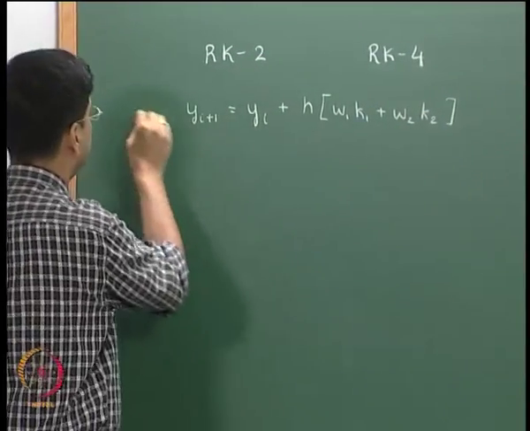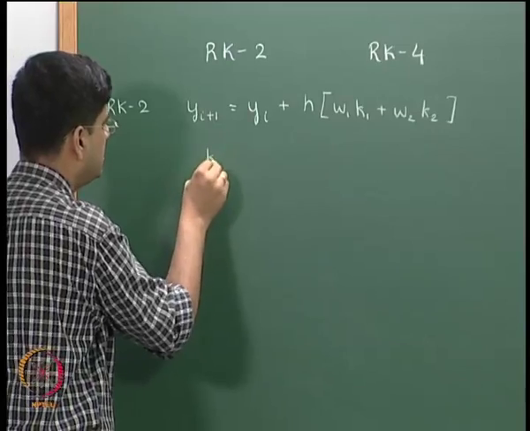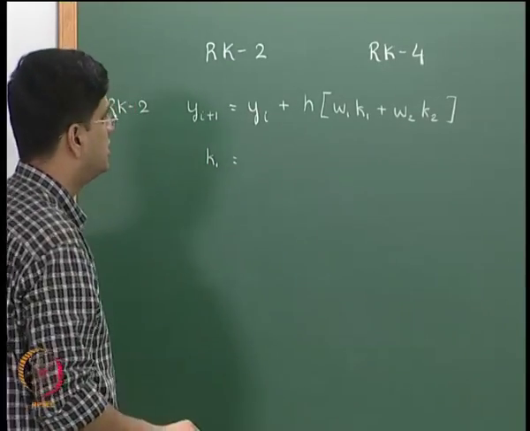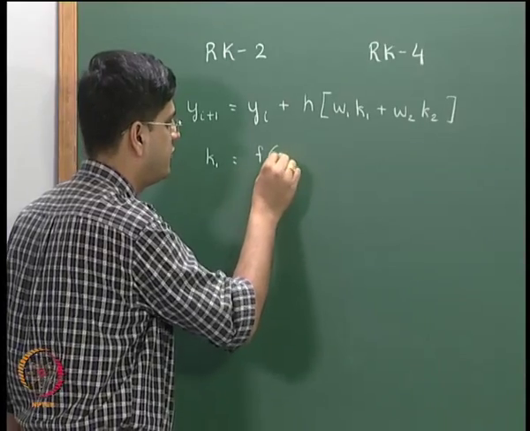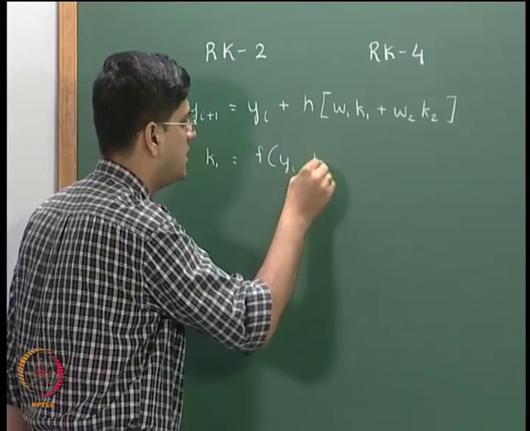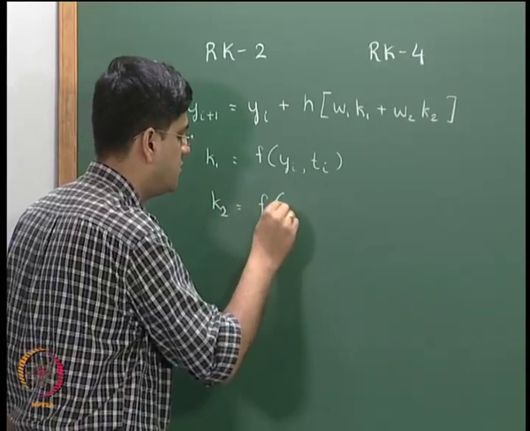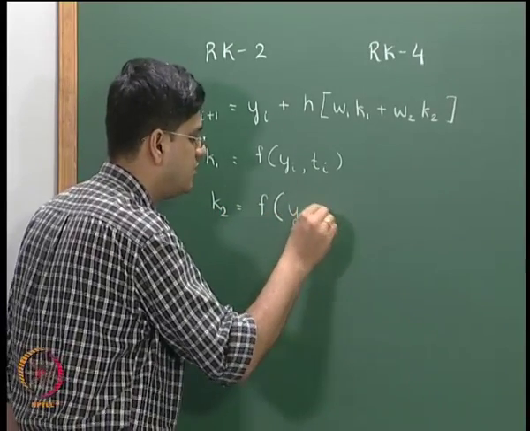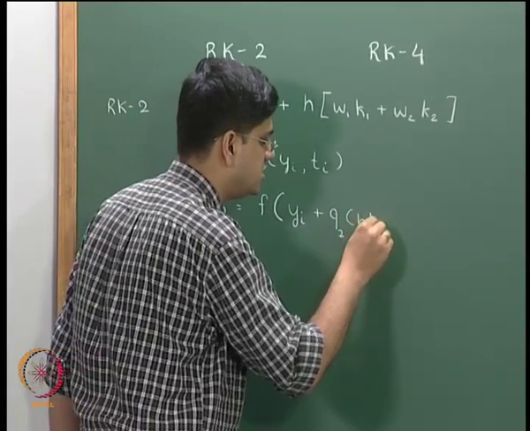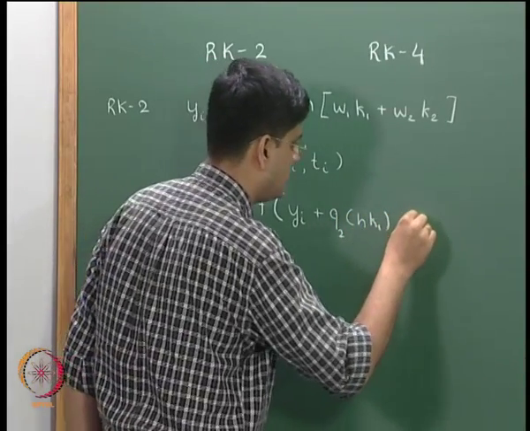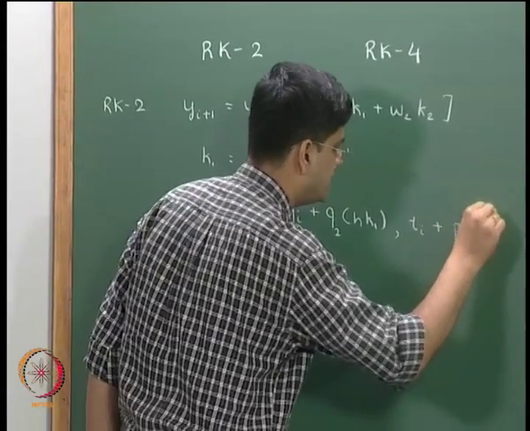That is the RK2 method, where k1 is computed as the function f computed at y_i, t_i, and k2 is computed at y_i plus q21 multiplied by h k1, t_i plus p2 multiplied by h.